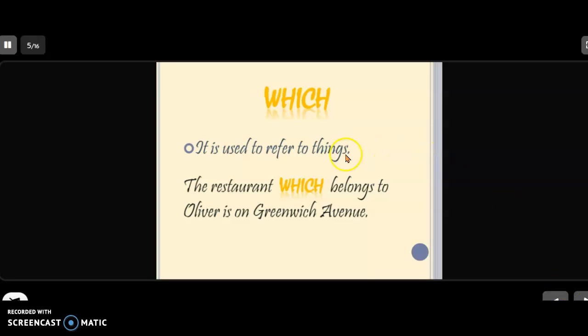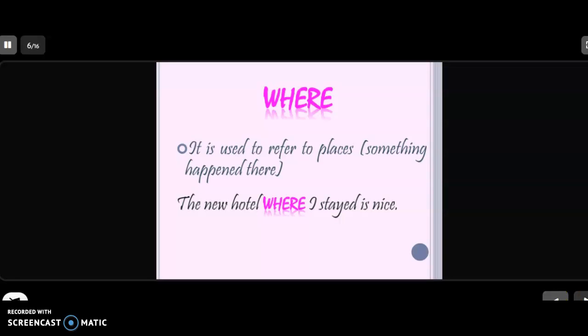Which, of course, is used to refer to things. The restaurant, which belongs to Oliver, is on Greenwich Avenue, right? The thing, restaurant. Where is used to refer to places because something happened there.